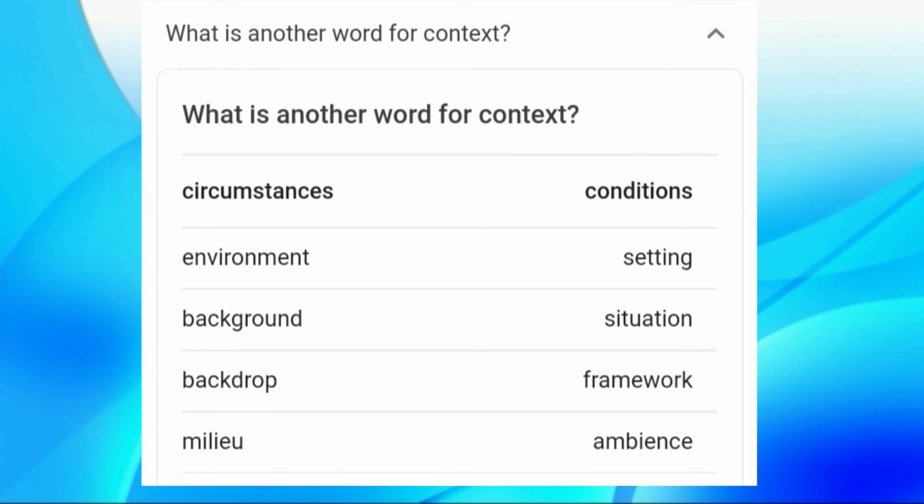So what are other words for context? Circumstances, condition, environment, setting, background, situation, backdrop, framework, milieu, ambience. So these are synonyms of commonly used words that we use.